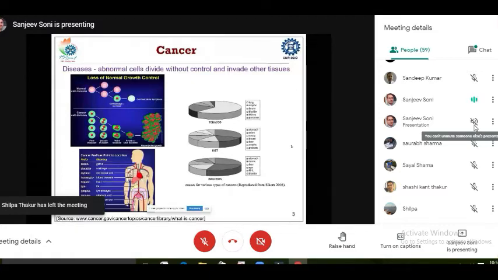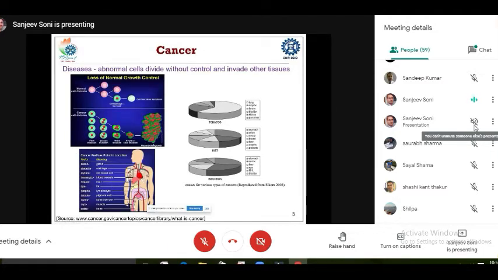But whenever there is some genetic change or genetic mutation in the human body, those cells multiply but don't die on their own. This results in an uncontrolled growth of a solid mass in case of solid tumors, and in case of blood cancer there may be a liquid mass itself.